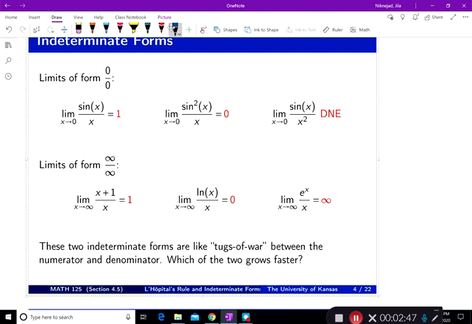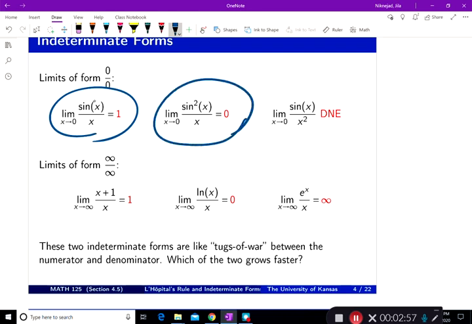From the past, we know the limit of sine of x over x as x goes to 0 is equal to 1. This is a form 0 over 0. Another form 0 over 0, if I plug in, is sine squared x over x. You can simplify this and see.